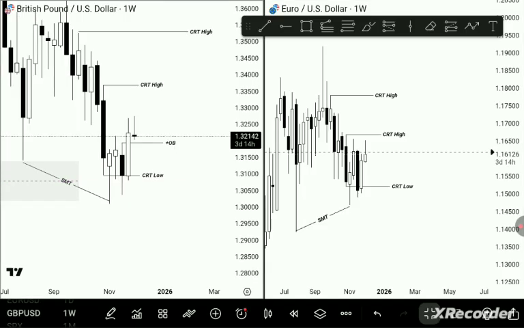So our weekly bias is concluded, right? And draw of liquidity as well. And yeah, seasonal tendencies still remain bullish, right? And we also added some conviction with the dealing range, right?